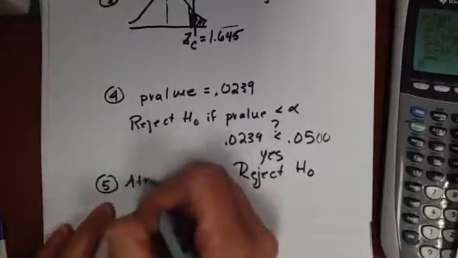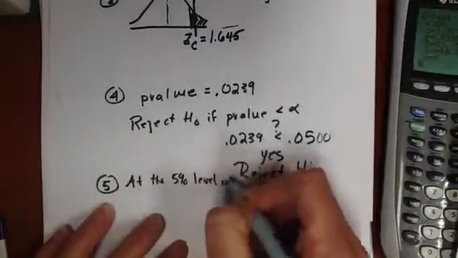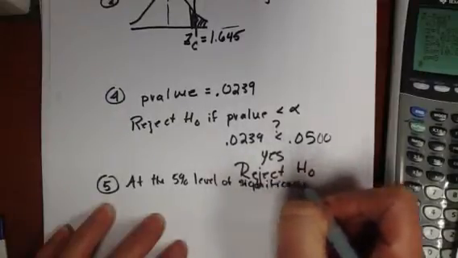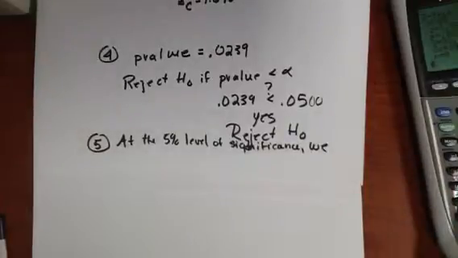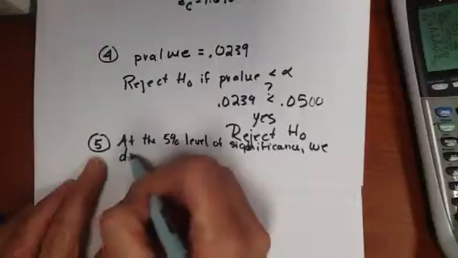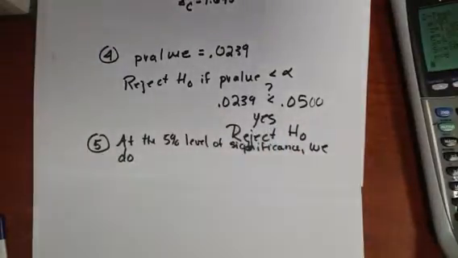Our last step is writing our conclusion. So we say at the 5% level of significance, because that's what alpha is. Remember, this is where we say we do or do not have enough statistical evidence to prove the alternative. Since we rejected, we do. If we would have said do not reject, we would say we do not have enough statistical evidence.